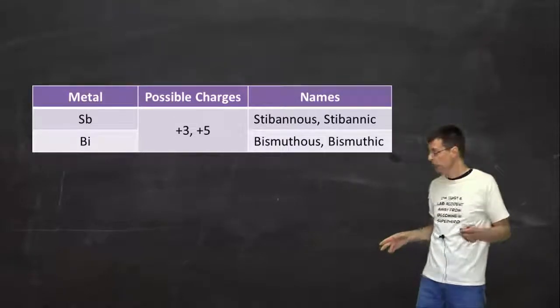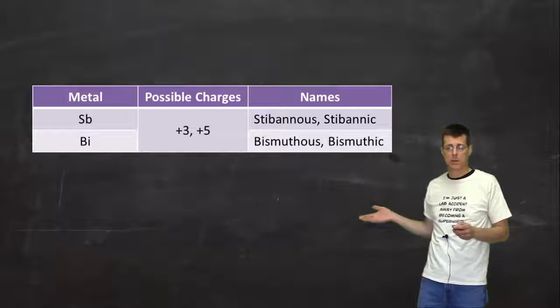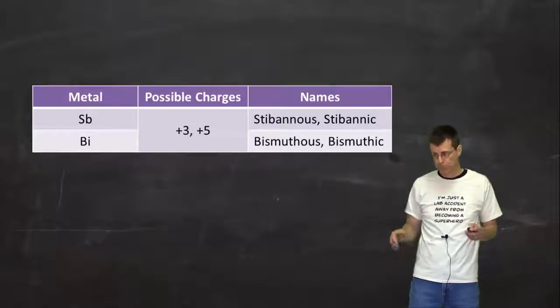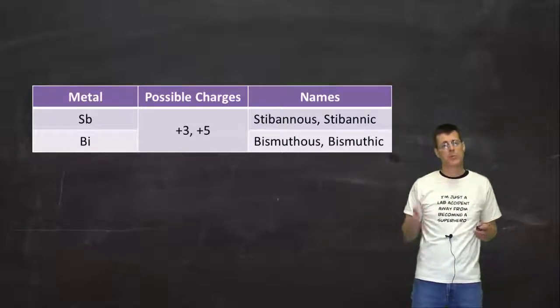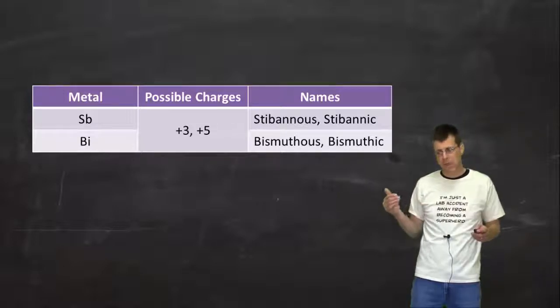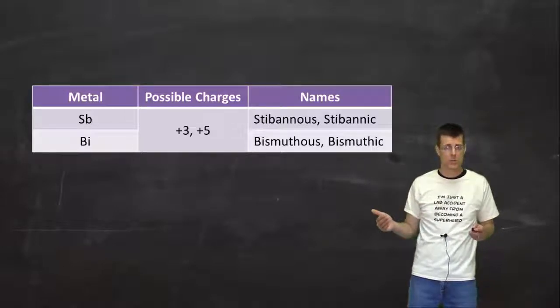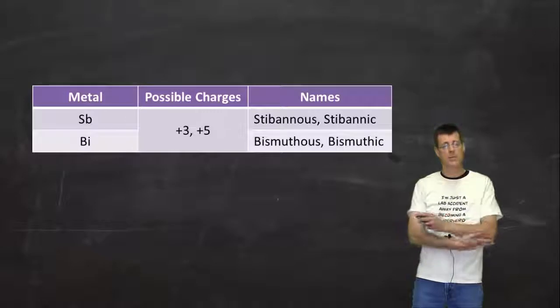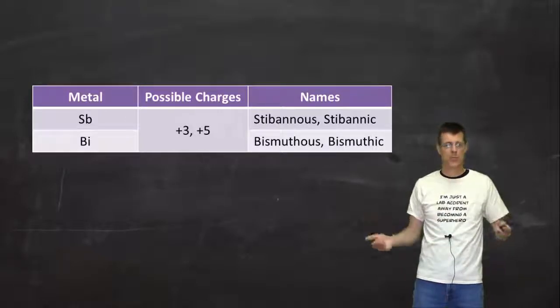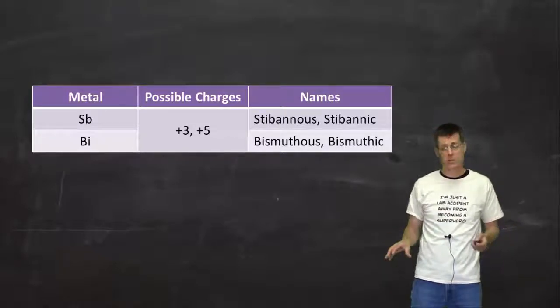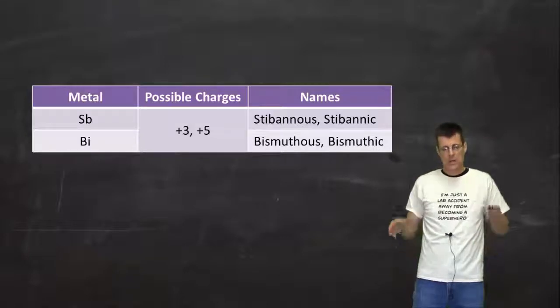And then the last two that we're going to pay attention to are in group 15 near the bottom: antimony and bismuth. Sb for antimony comes from the Latin, and we're going to use stibnous and stibnic, and bismuthous, bismuthic. Possible charges are +3 and +5.